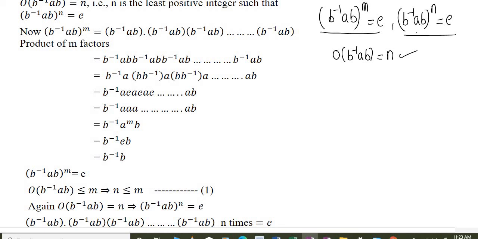Therefore, we can easily say that the relation between N and M is N is less than or equal to M. Take this as equation 1.